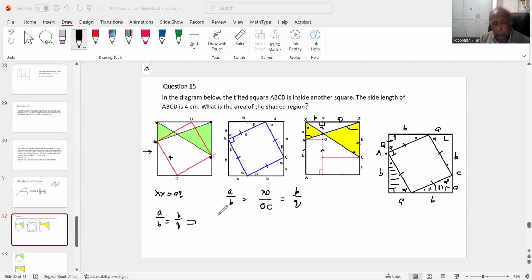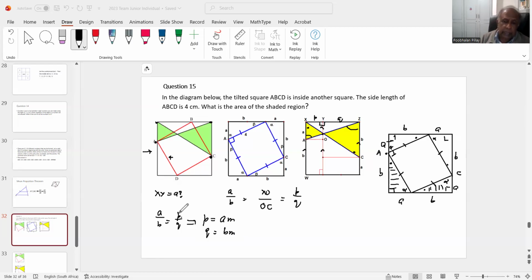A is not equal to B, but B is equal to something times A. Call it A times M or something. And Q will also be equal to, no, this is P, I'm sorry, P. P is equal to AM, and Q is equal to the same M times B.